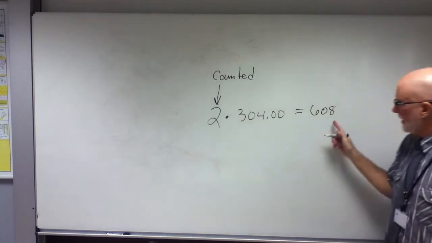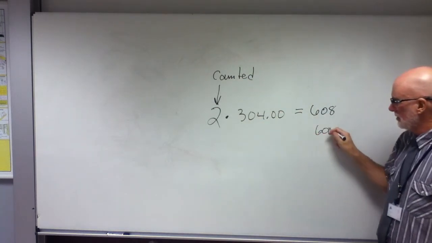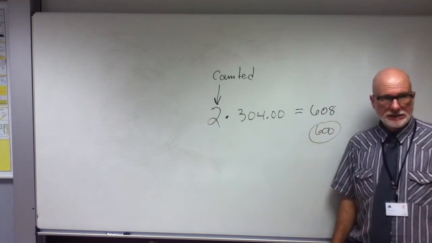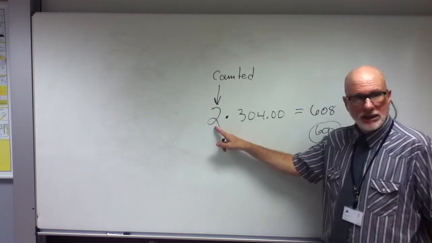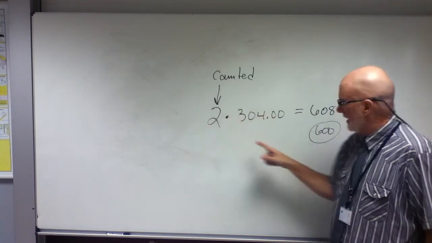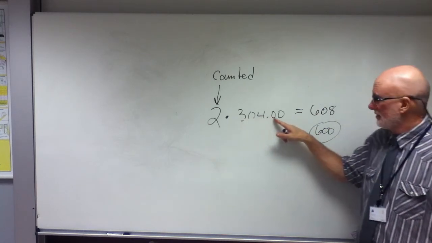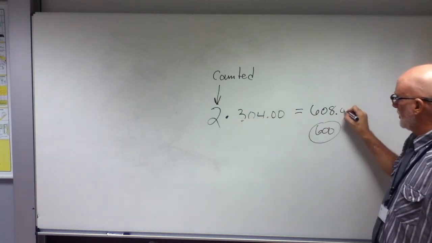Would it be 1, 600? Is that what it is? This has an infinite number of significant figures because it's counted. Therefore, the minimum number of significant figures is 5. So the answer would be 608.00.